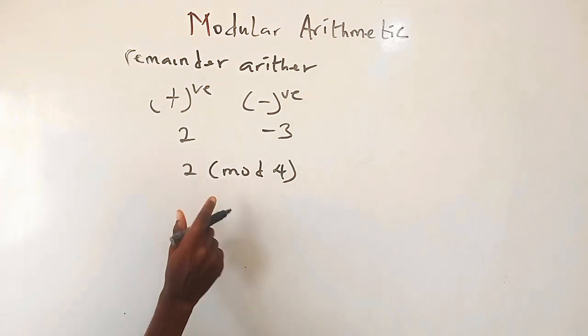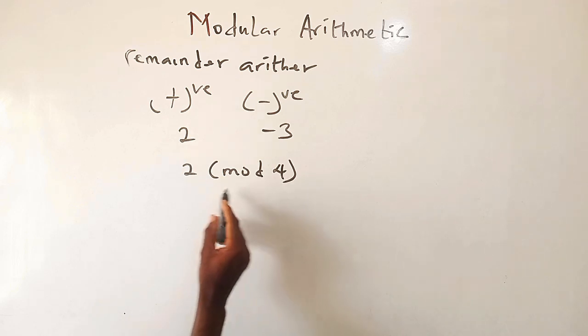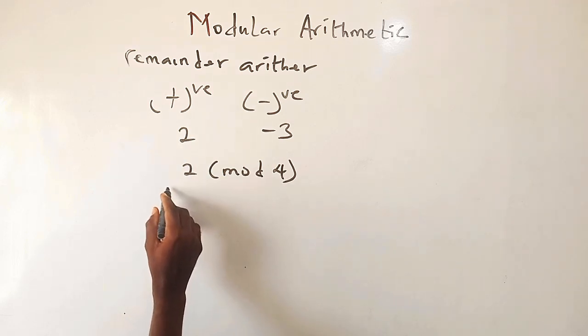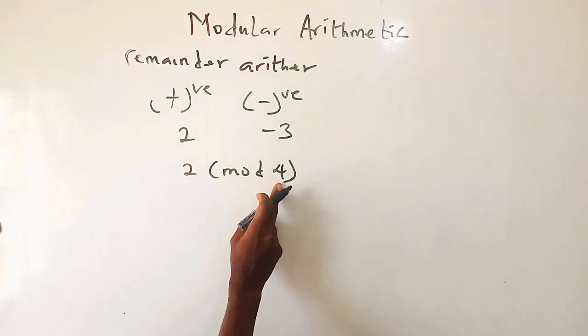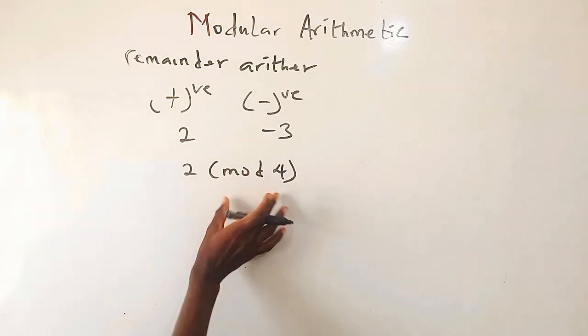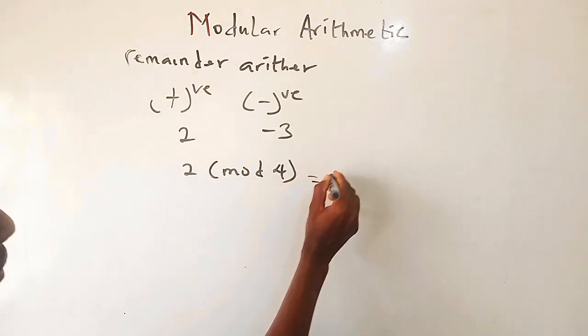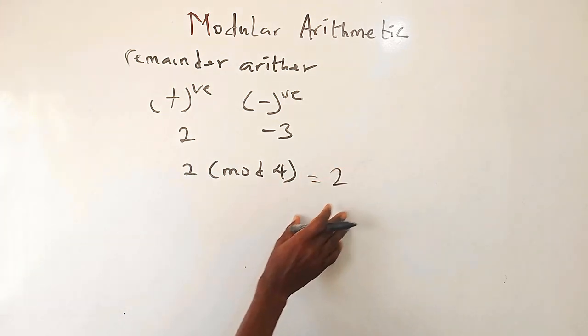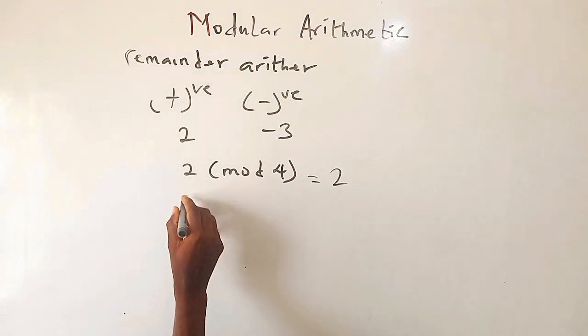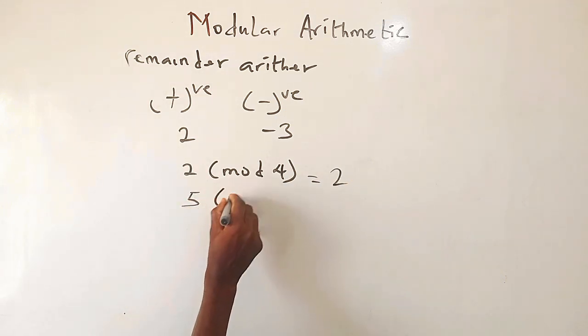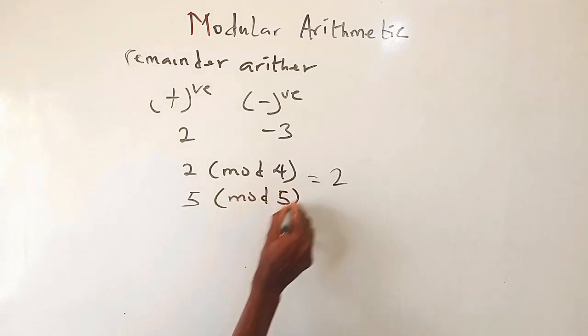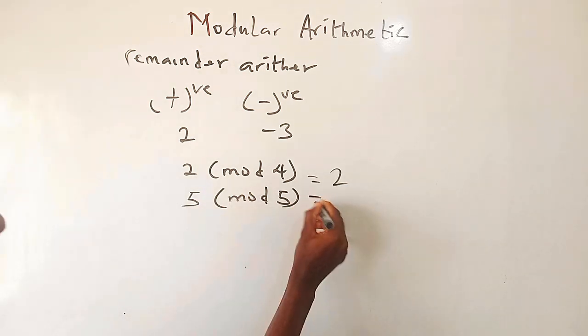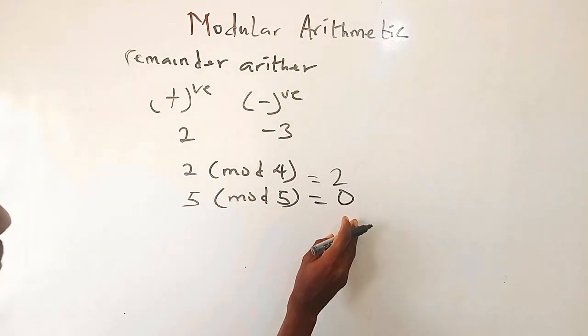The integer is less than the mod, so our answer is always the integer. And when we have the same integer with the same mod, the answer will always be 0.